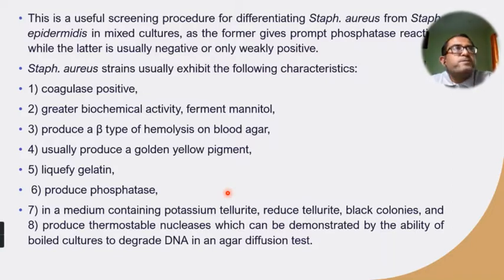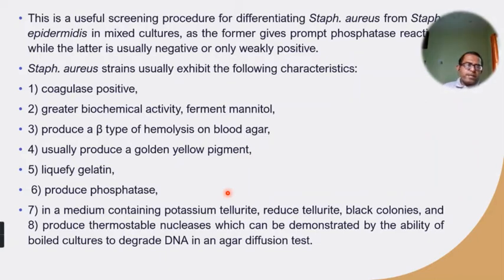This bacteria is not able to produce the phosphatase enzyme, and because of its absence, it is not able to use the phenolphthalein diphosphate. So phenolphthalein is not released, and when we take the ammonia vapors near the colony of Staphylococcus epidermidis, no bright pink color is observed.